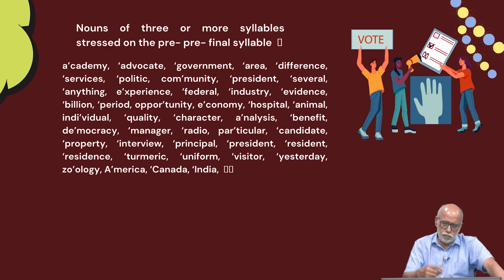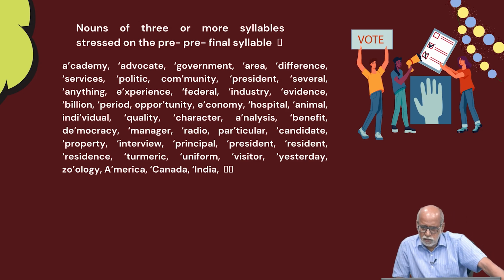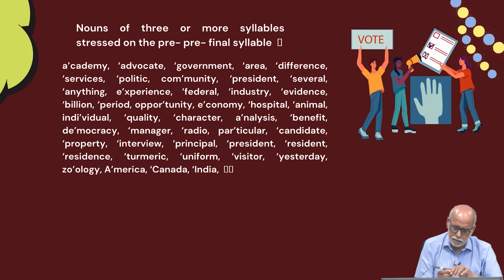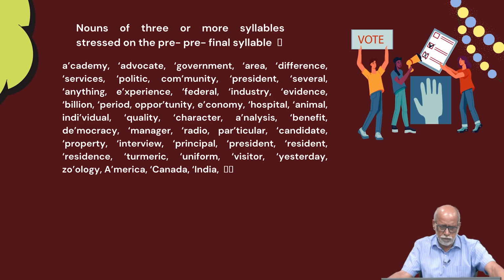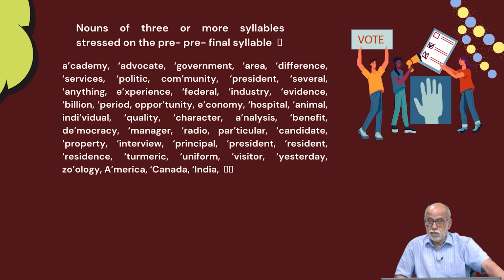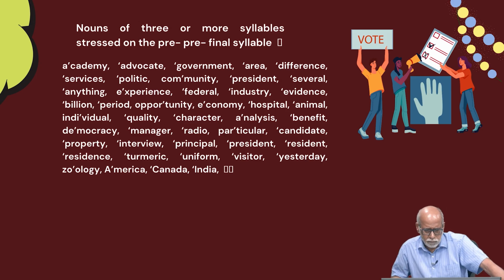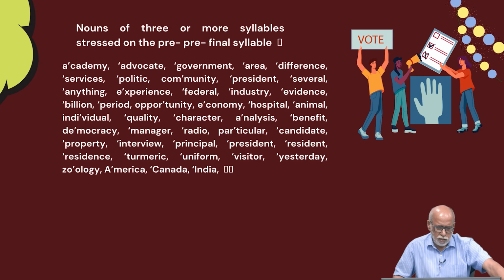So, look at these some nouns: academy, advocate, government, area, difference, services, politics, community, president, several, anything, experience, federal, industry, evidence, billion, period, opportunity, economy, hospital, animal, individual, quality.